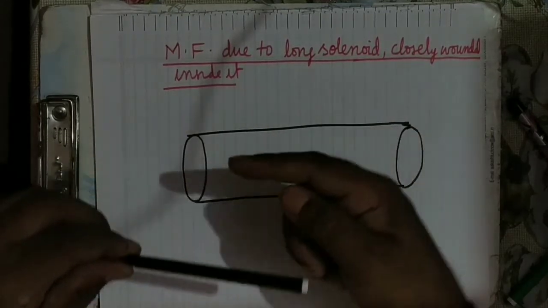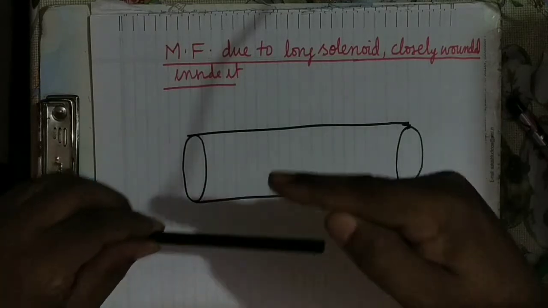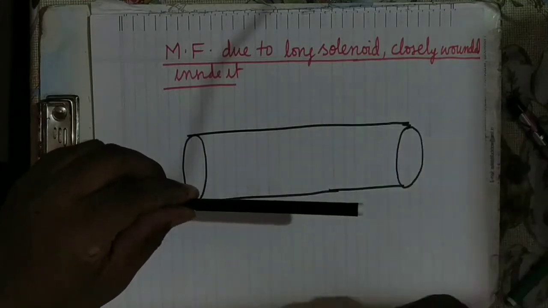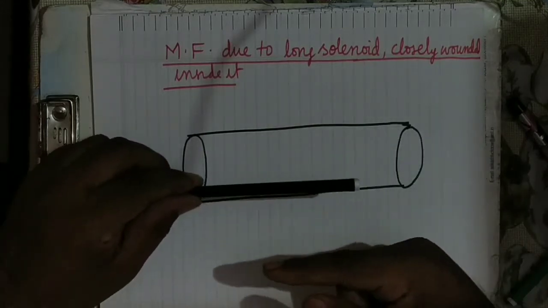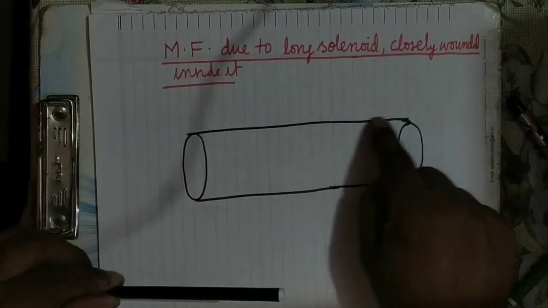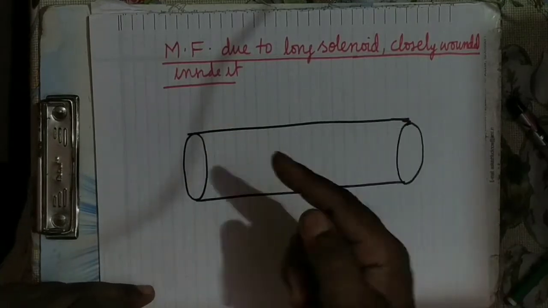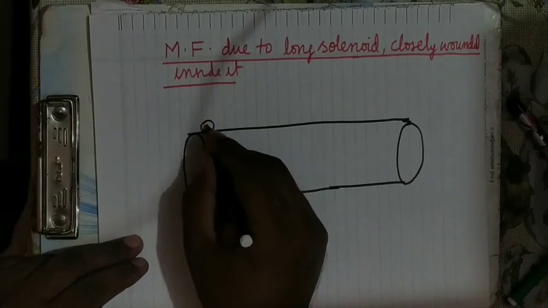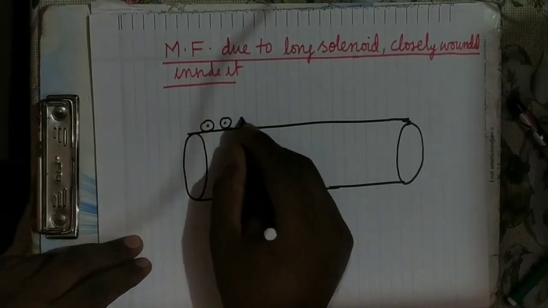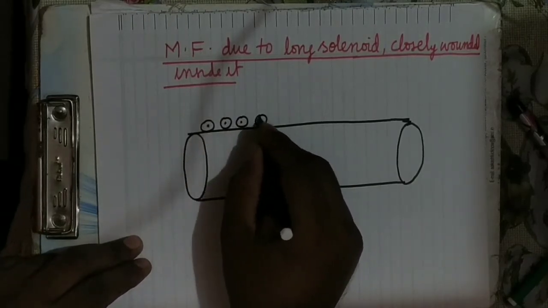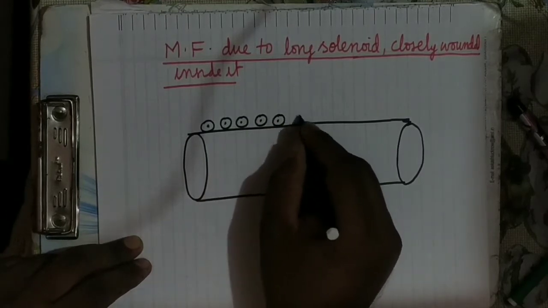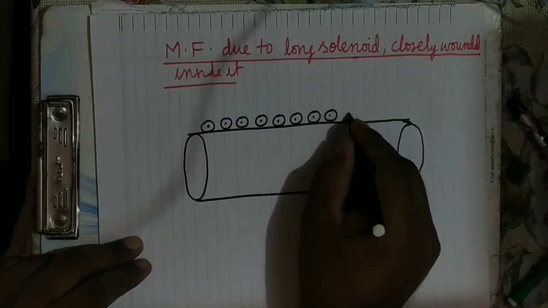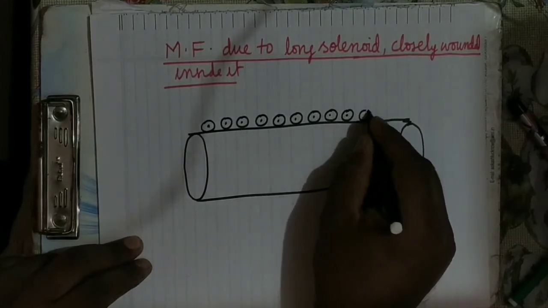And then there are the windings here. Suppose the current flows in this way, the way in which I am rotating the finger. Then what will happen? At this edge, current is coming perpendicular to the plane of paper, in the upward direction. So that direction of current I have shown by this symbol, which means perpendicular to the plane of paper, upward.